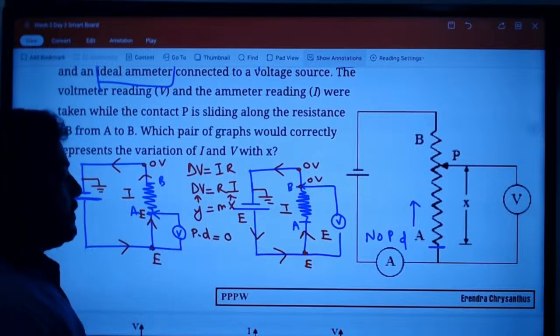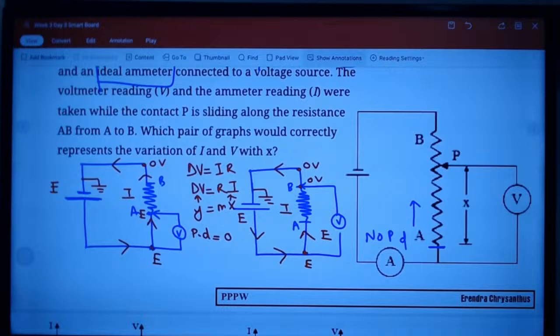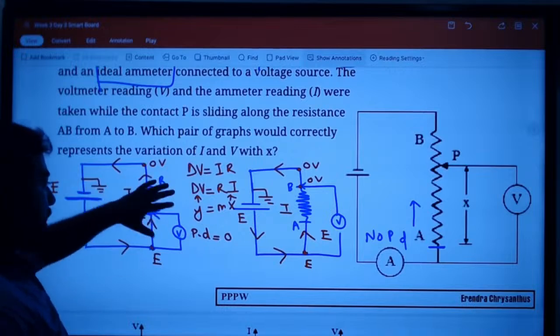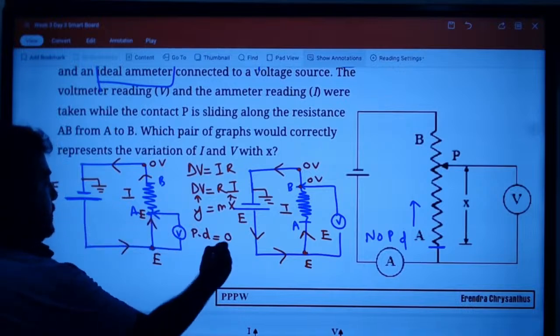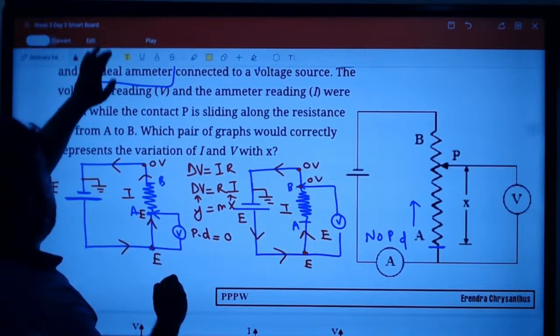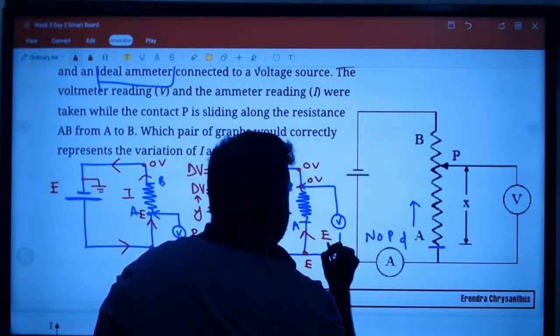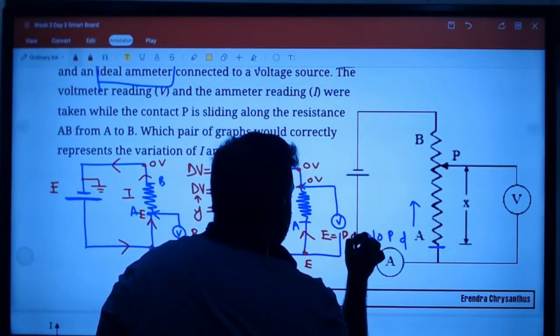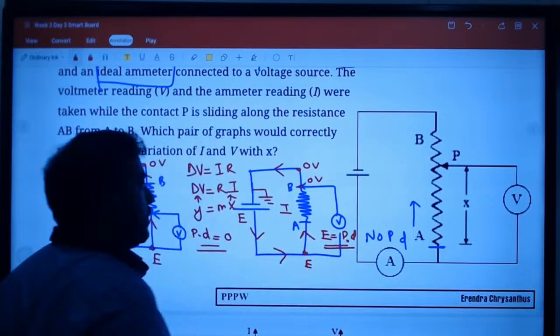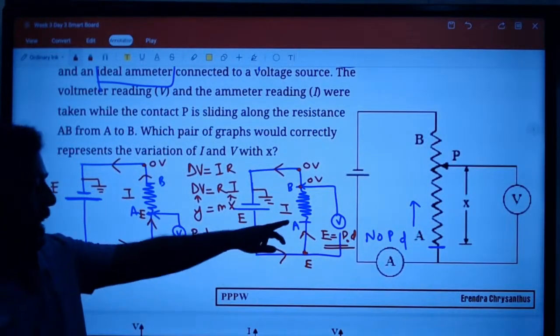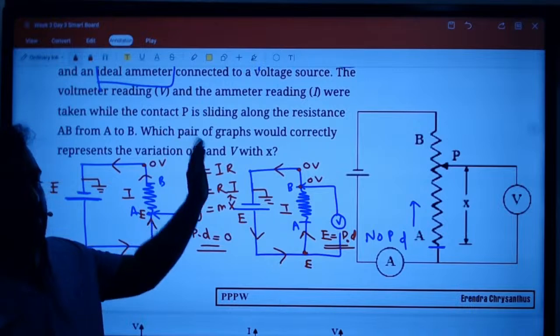From this, at A and B, we can find the potential difference. And as we move from A to B, potential difference will increase.